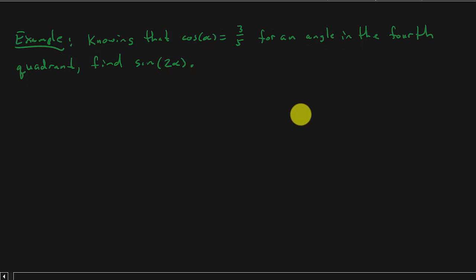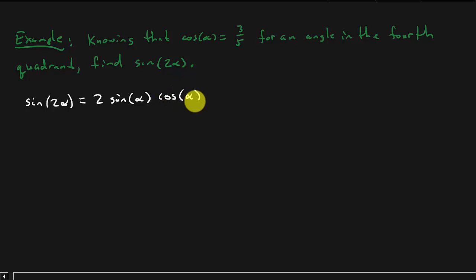So let's look at this. It says, knowing that cosine alpha equals 3/5 for an angle in the fourth quadrant, so alpha's in the fourth quadrant, find the sine of 2 alpha. All right, so the way I would do this is I would write down sine 2 alpha is equal to 2 sine alpha cosine alpha.